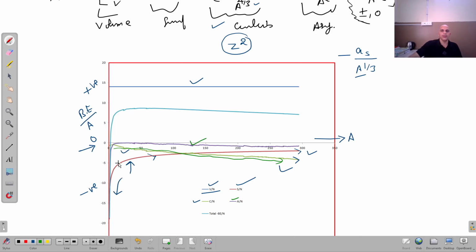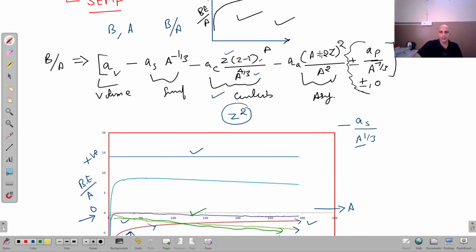As the value of A changes, both the factors change. The denominator has A square, but the numerator also has A square, but it is subtracted by some factors like plus 4Z square minus 4AZ.